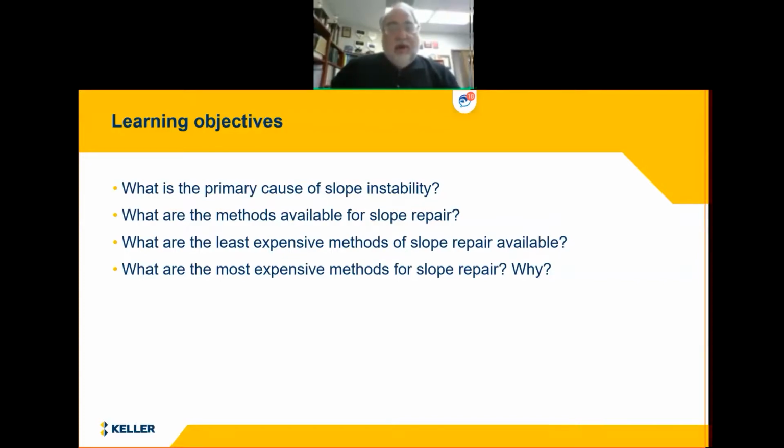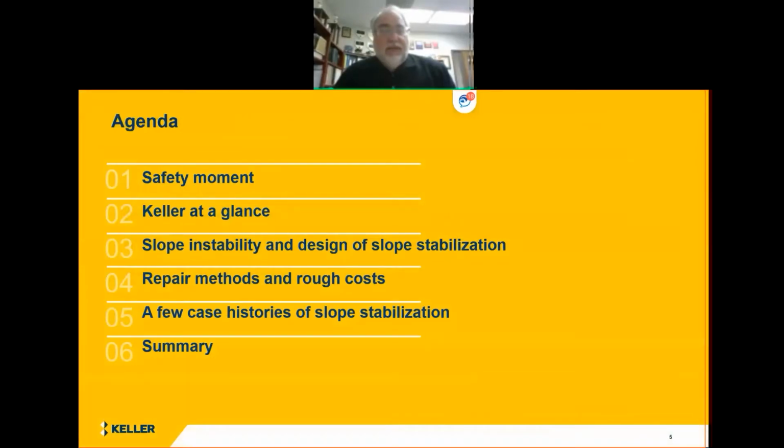And then cost is a big item, obviously, on every project that we do. If somebody tells you cost is not a concern, they're lying. It's always a concern. So we'll look at what the costs are for all these methods, which are the least and most expensive, and the reasons why.